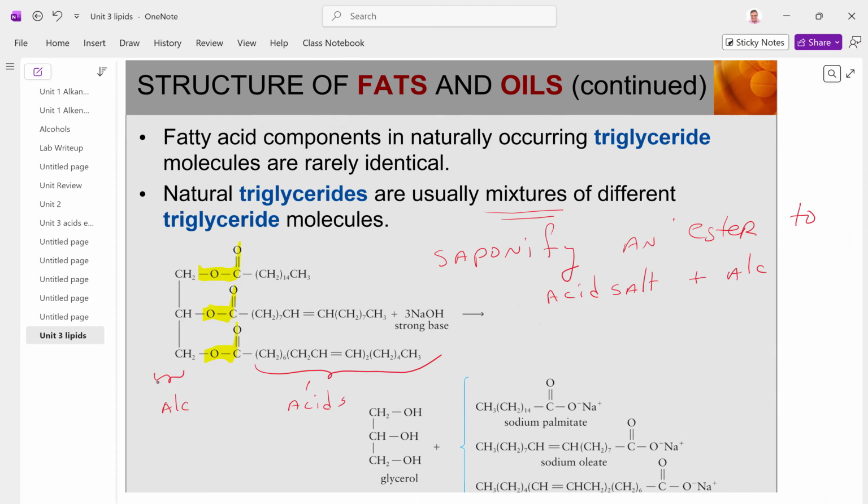So if we put a triglyceride in a strong base, like we did when we were making soap, like sodium hydroxide, we're going to end up with the acid salts and the alcohol.